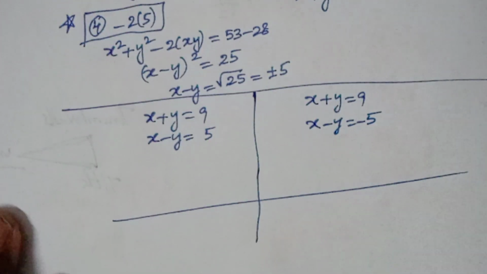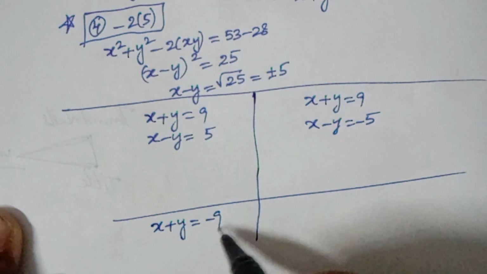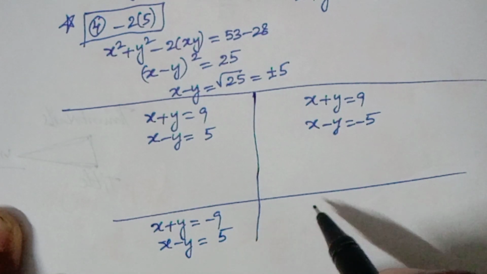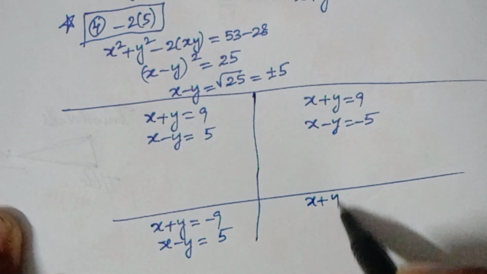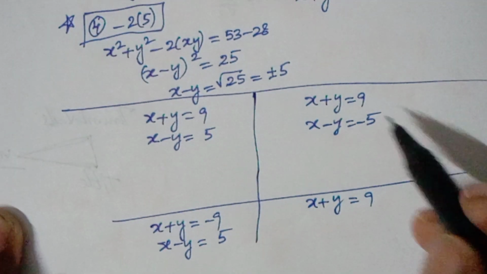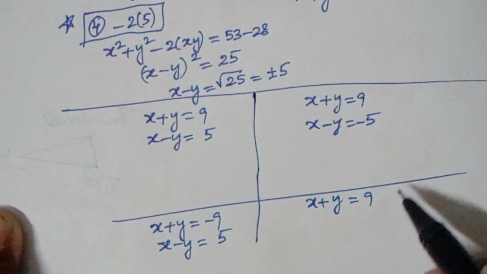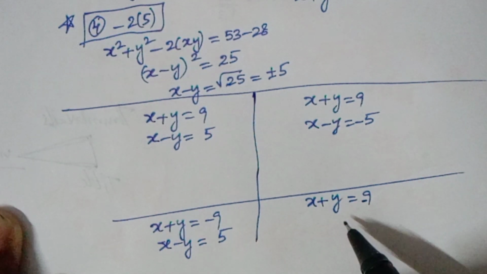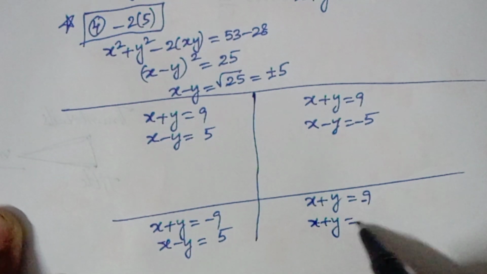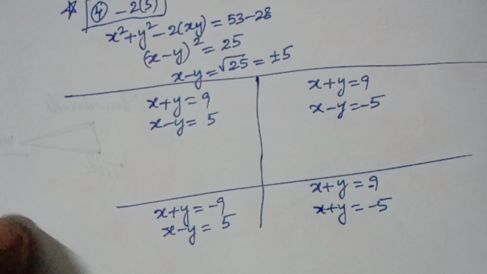The next one: x + y is equal to minus 9 and x - y is equal to 5. The last one: x + y is equal to minus 9 and x - y is equal to minus 5. So these are the combinations.